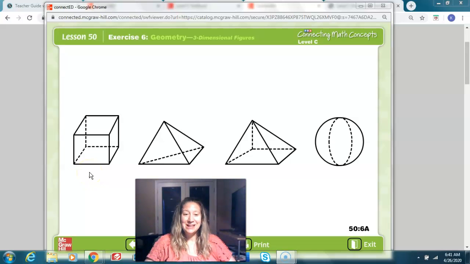A cube, like an ice cube or a dice, okay? Going on to the next shape here. This shape is a pyramid. What is it called? A pyramid, like the sand pyramids that you would see in Egypt.